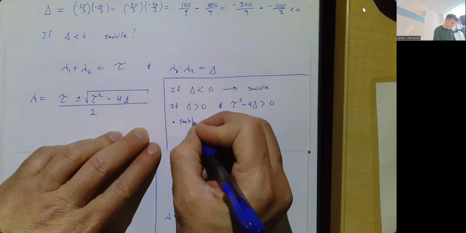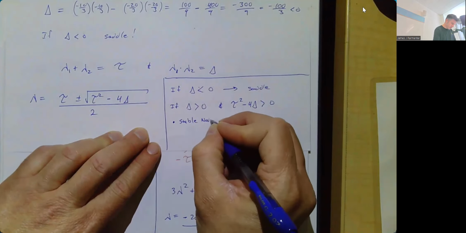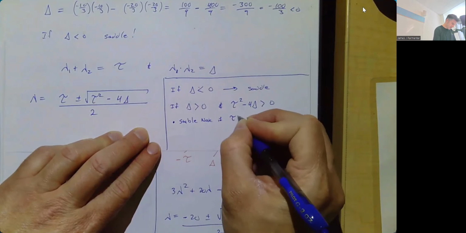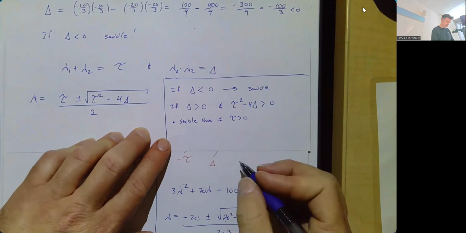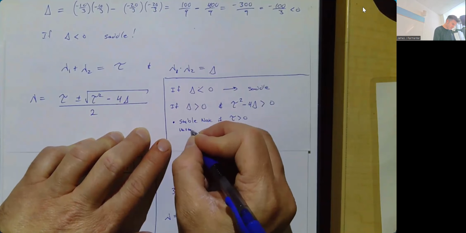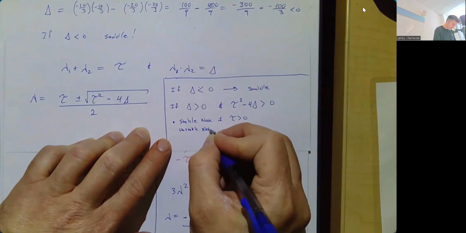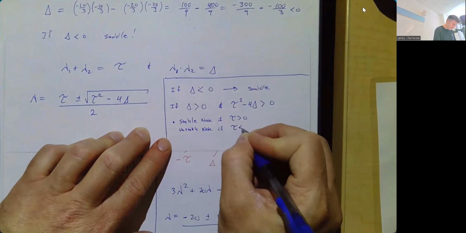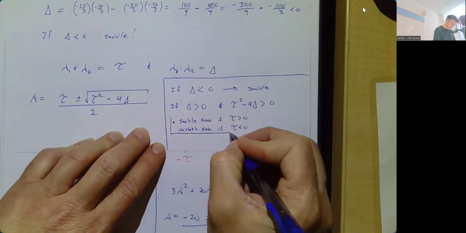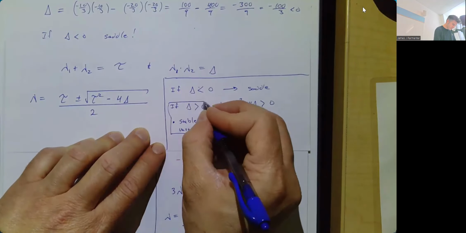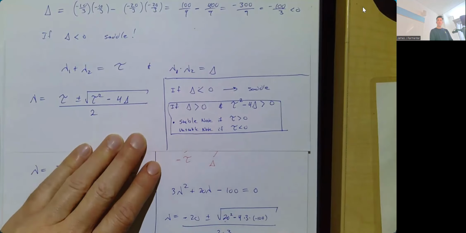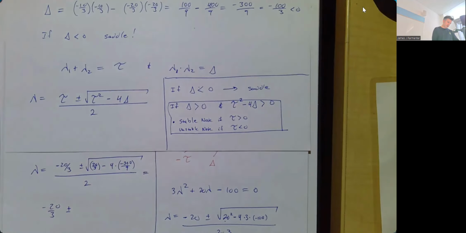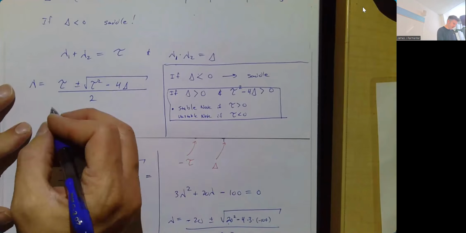stable node if tau is positive, unstable node if tau is negative. And then, of course, I didn't leave myself enough room over there, so I'm gonna have to write it over here.